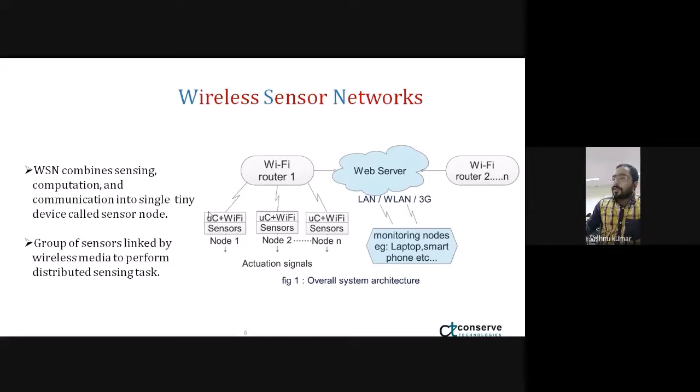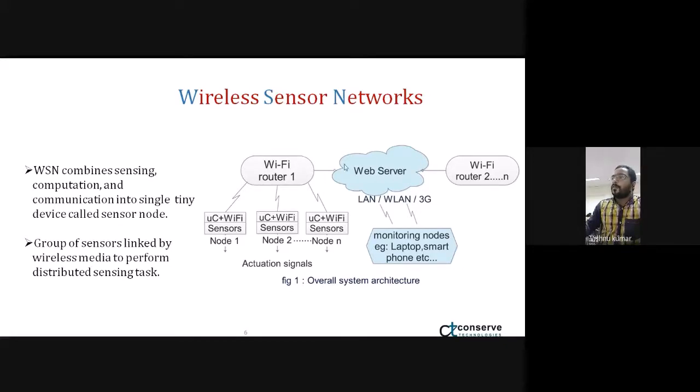It collects the information from the sensors placed somewhere in the environment, and exchanges this data with the router. The router aggregates the data collected from these sensor nodes and sends it to the web server using the internet and cloud managing protocols.